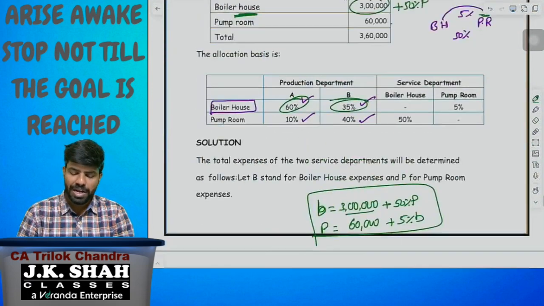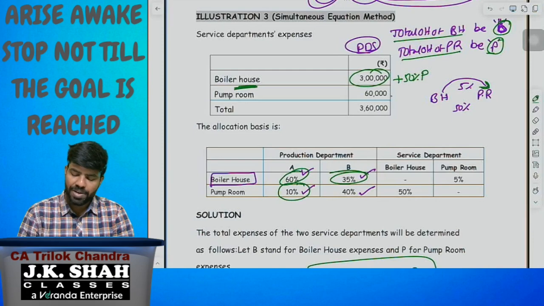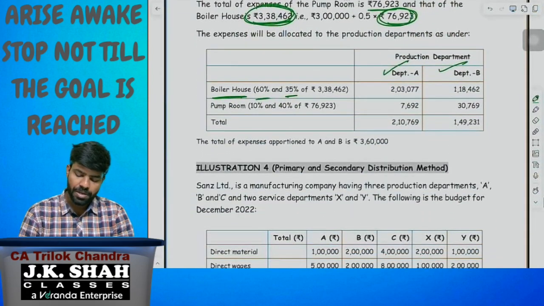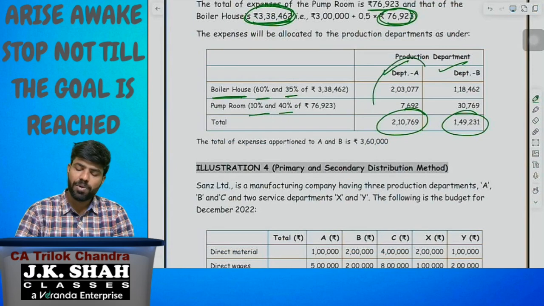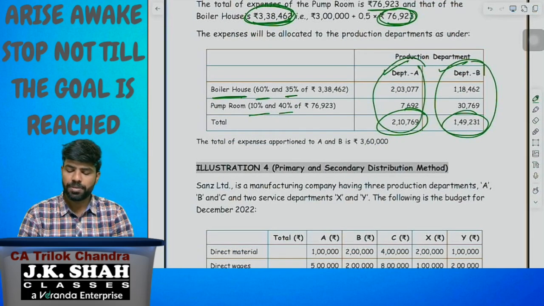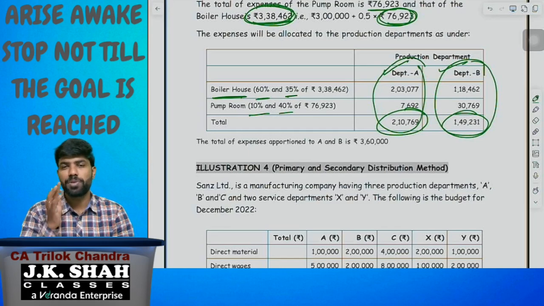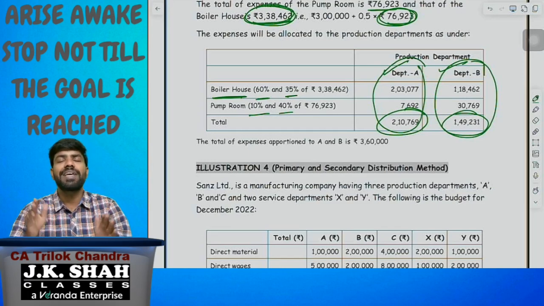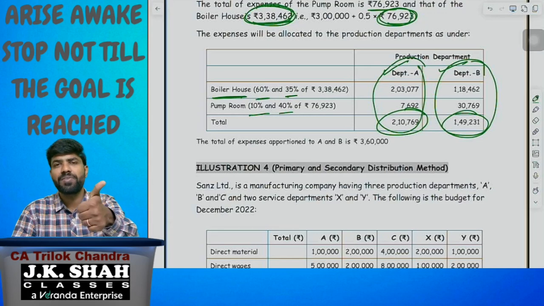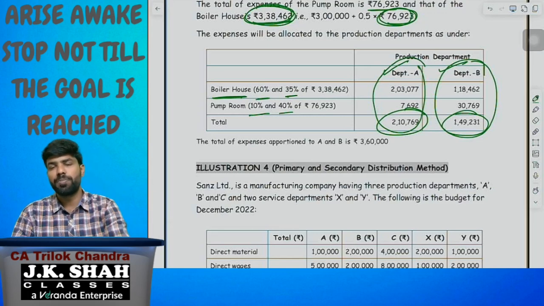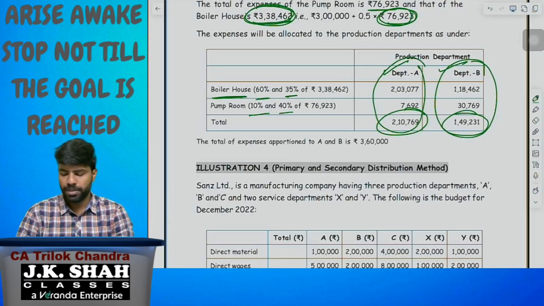That will be apportioned in the proportion of 10:40. If you make a total, that is the total overheads of department A and department B. I hope this is clear. This is the simultaneous equation method. So under the simultaneous equation method: number one, form the equations; solve the equations; then apportionment. Okay, next.